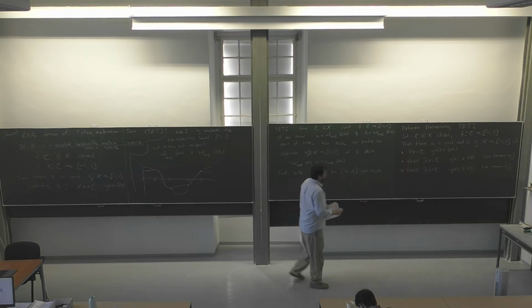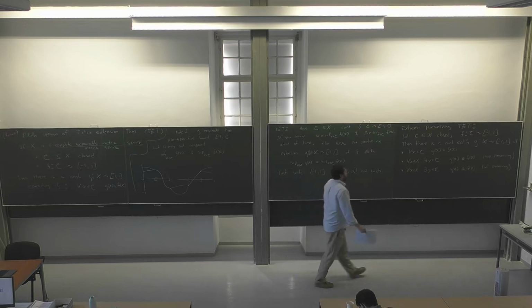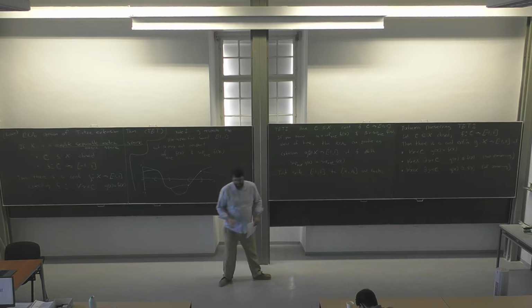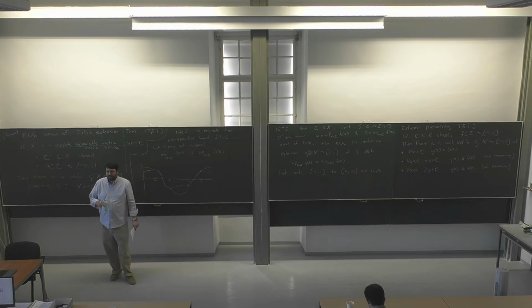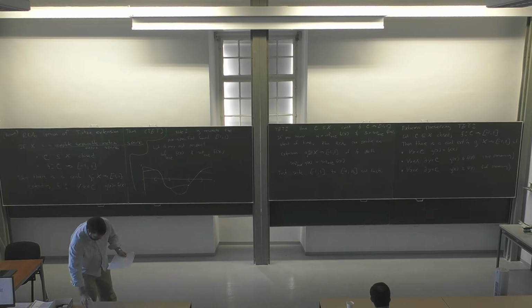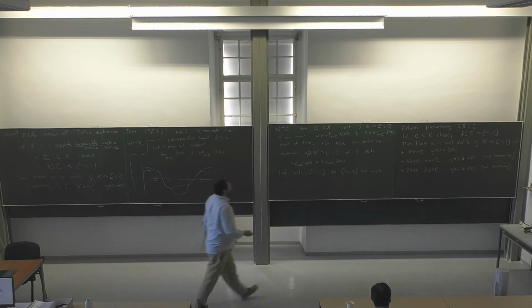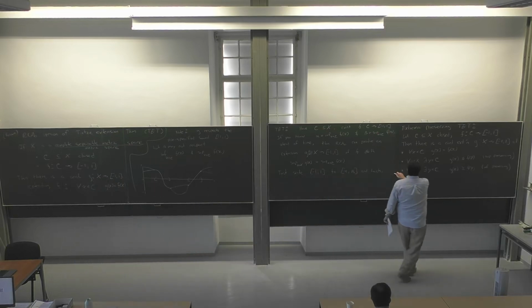So I present this as a not completely unreasonable rendering of the Tietze extension theorem that also says my extension preserves the sups and infs of the original input f.